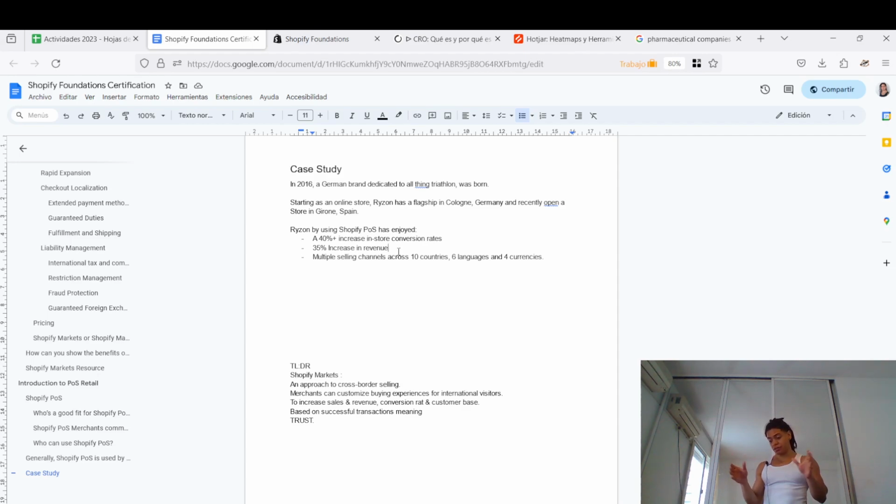Now they enjoy an increase of 40% plus in in-store conversion rates. Exactly, but this is in-store conversion rates, a 35% increase in sales or revenue, and multiple selling channels across 10 countries, 6 languages and 4 currencies.